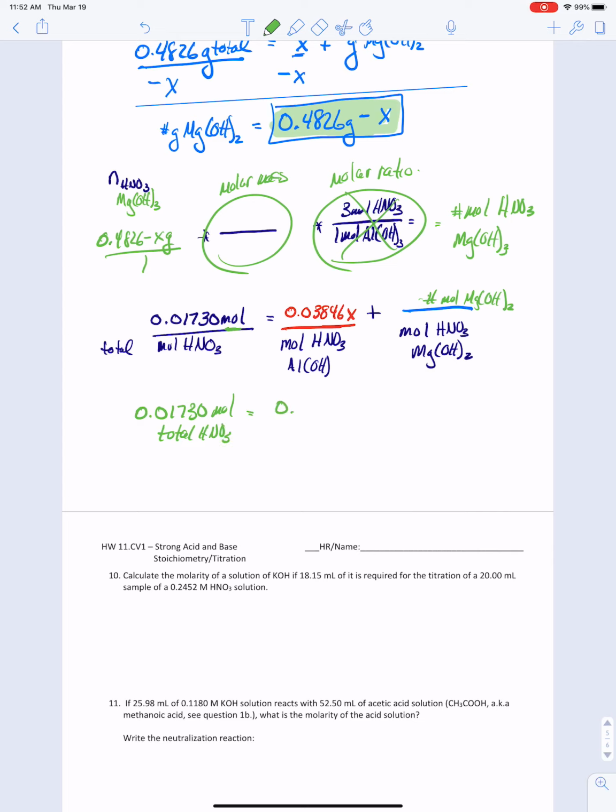This represents the portion, we'll put our labels on the bottom, this represents the portion of this total amount that was used to neutralize the aluminum hydroxide. And then whatever this expression turned out to be, that would represent the portion of this total number of moles of HNO3 that was used to neutralize the magnesium hydroxide.